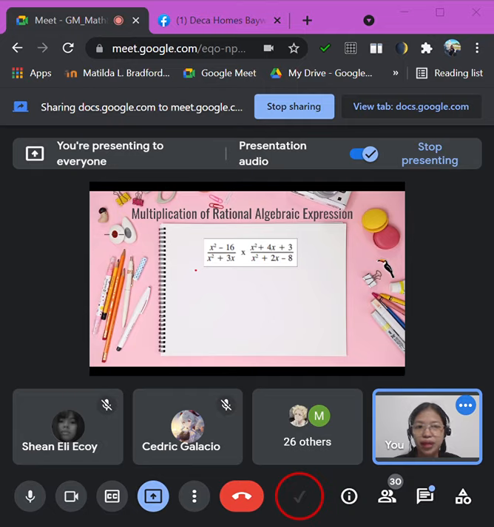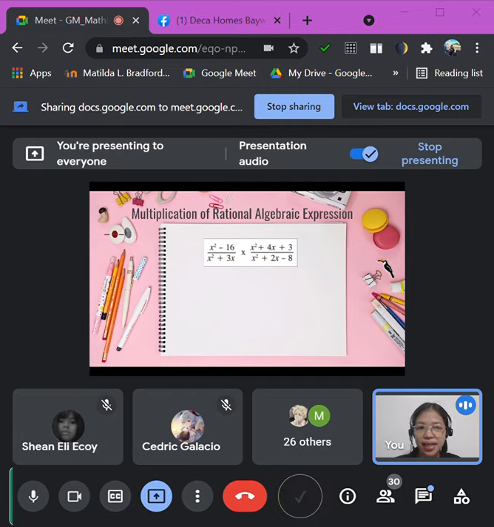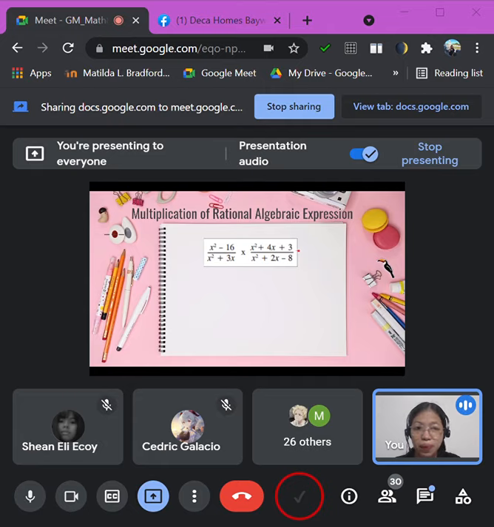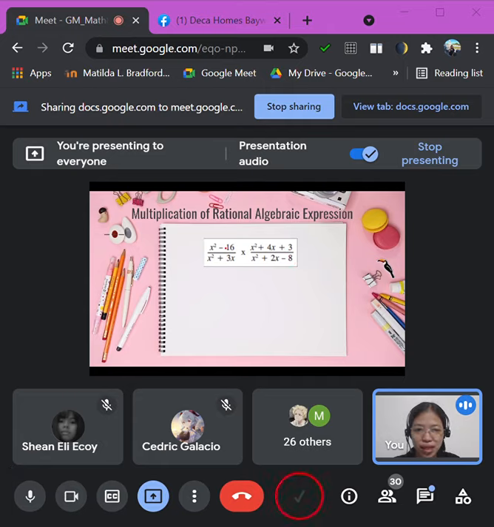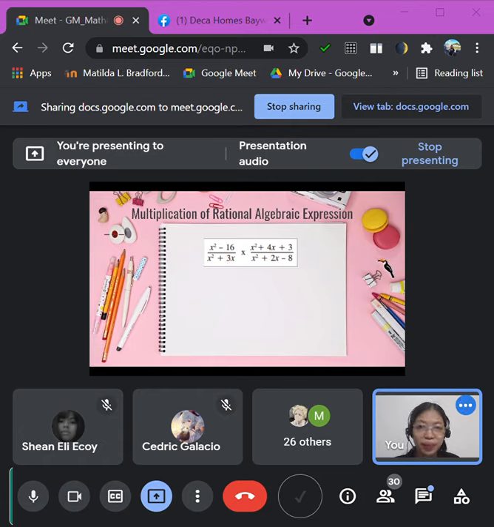So we have here x squared minus 16 over x squared plus 3x multiply to x squared plus 4x plus 3 over x squared plus 2x minus 8. So, teacher, i-multiply ni siya numerator by numerator, denominator by denominator. And the answer is yes.